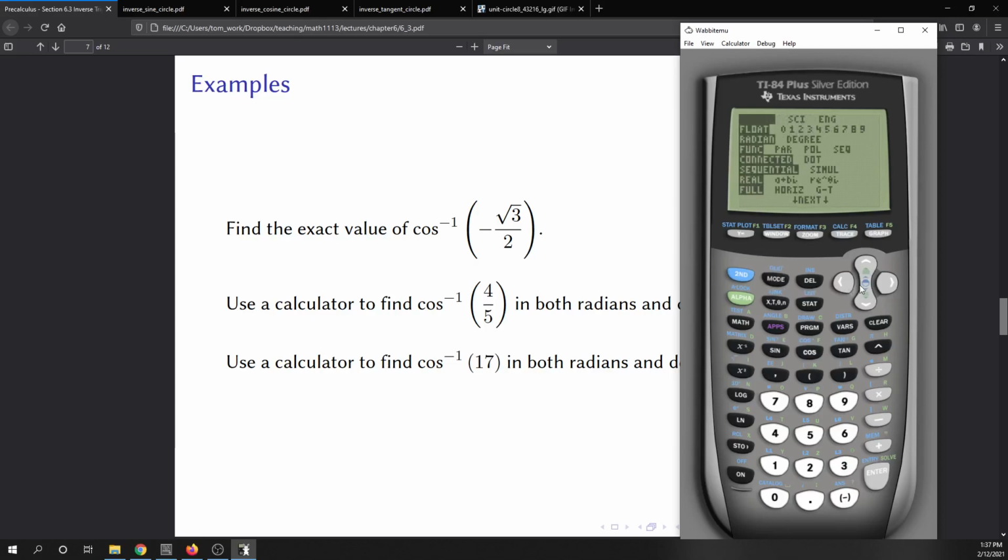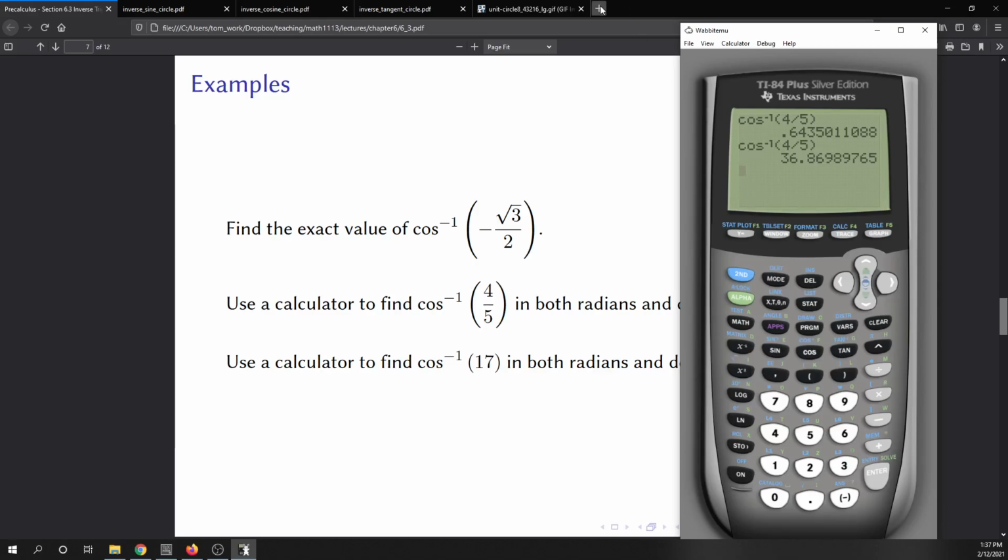And now let's switch to degrees and do the same thing. So inverse cosine of 4/5, and that will give us the answer in degrees, 36.86 degrees. Okay. All right.